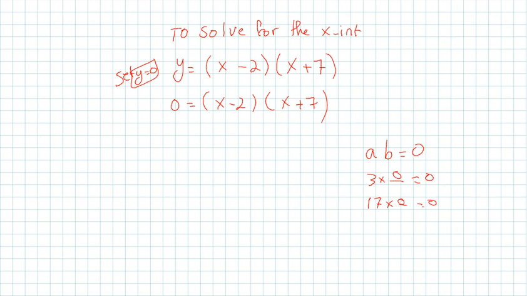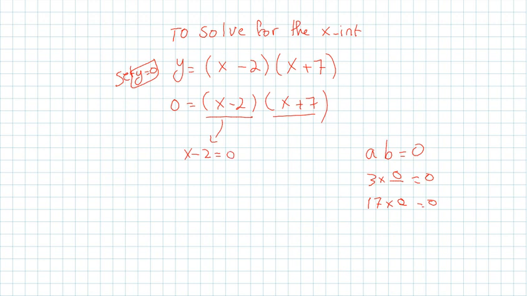Yes. Okay. Now, right here, I have x minus 2 multiplied by x plus 7. So I have a case where I'm multiplying something by something, and I'm getting 0. That means, in order for this to be true, either this has to equal 0, or this has to equal 0.